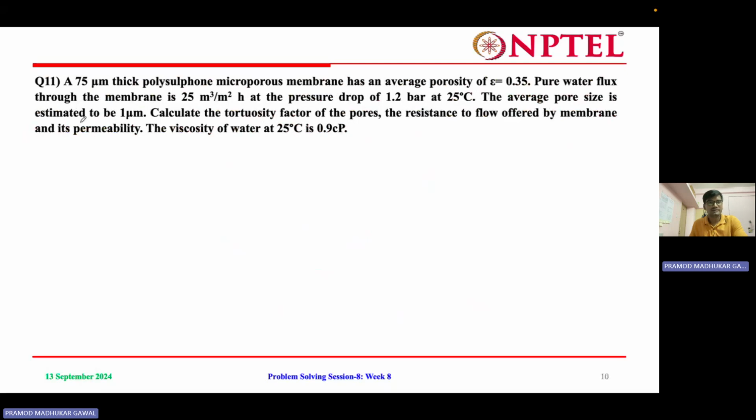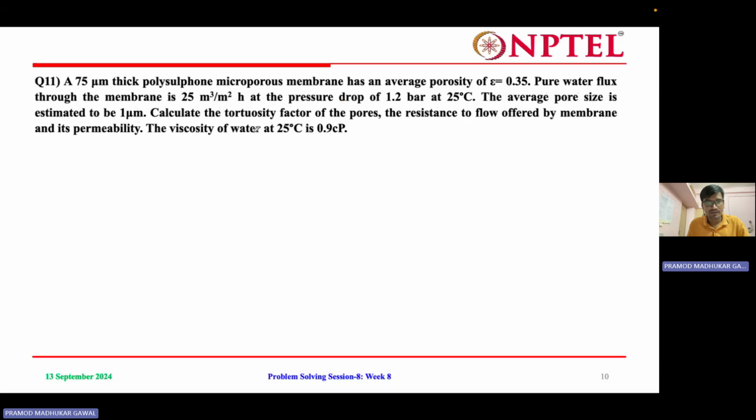Question number 11. A 75 micrometer thick polysulfone membrane has an average porosity of 0.35. Pure water flux through the membrane is 25 meter cube per meter square per hour at a pressure drop of 1.2 bar at 25 degrees Celsius. The average pore size is estimated to be 1 micrometer.